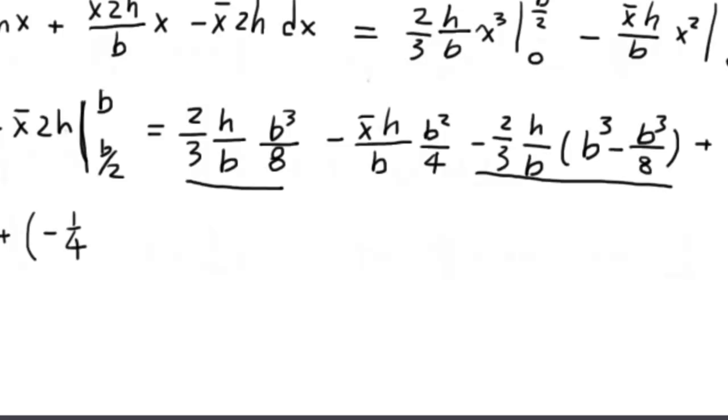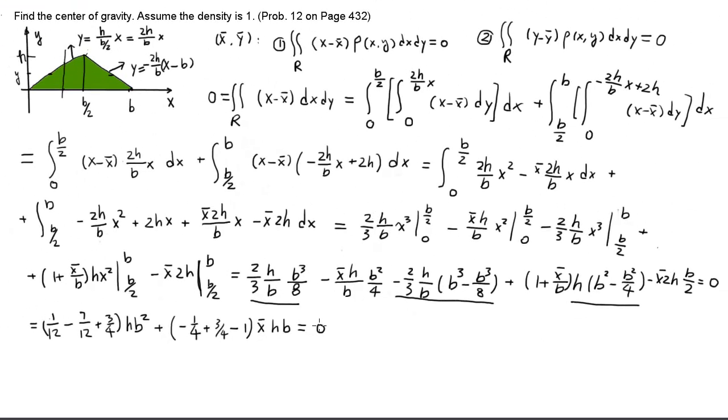This is going to be 3/4 hb squared, but we have a b over here, so it's going to be x bar hb again, positive 3/4. And in the last one, hb x bar is going to be negative 1/2. No, just negative 1. So negative 1 over here. And then the constant term is x bar and hb, and that's going to be equal to 0. That's what we have.